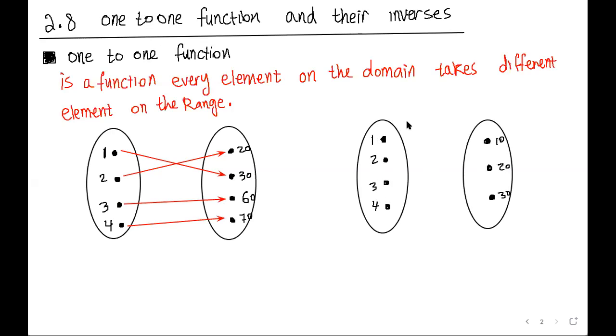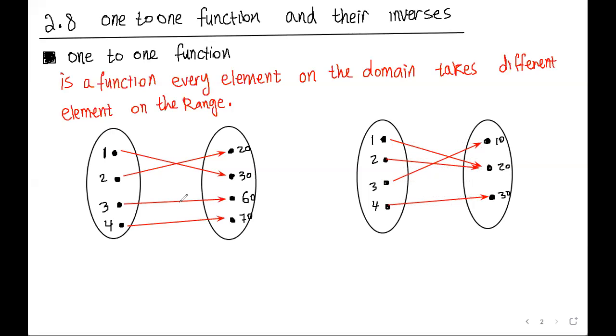So 1 goes to 20, 3 goes to 10, 2 goes to 20, and 4 goes to 30.